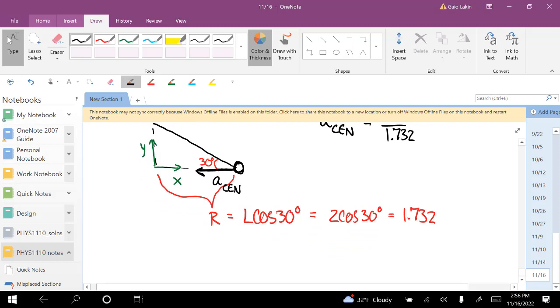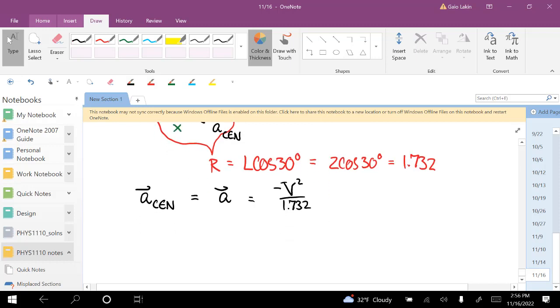We know it's pointed in the negative x direction. So the centripetal acceleration, which, since this is uniform circular motion, is just equal to the total acceleration, is negative v squared over 1.732, and then 0 for y.